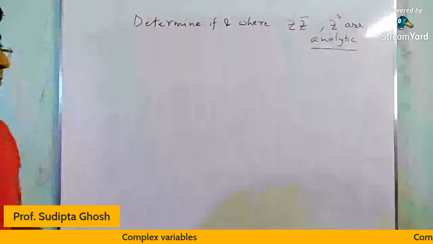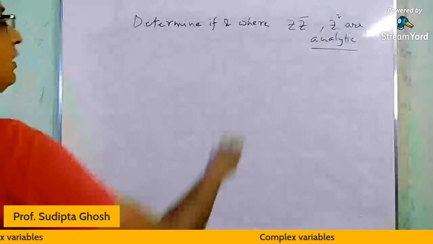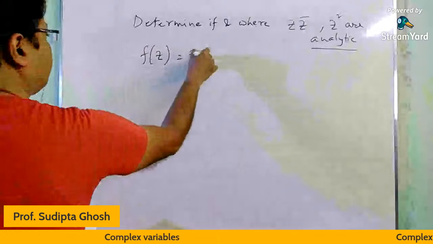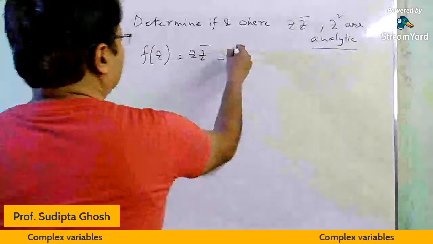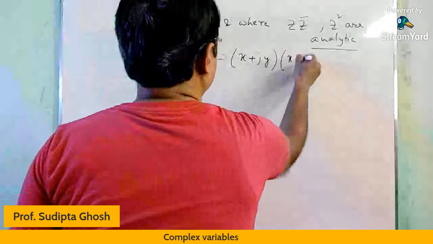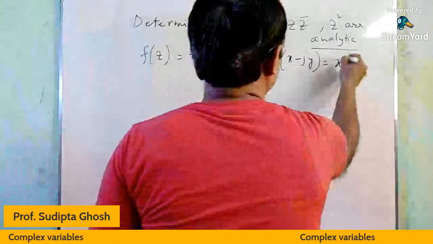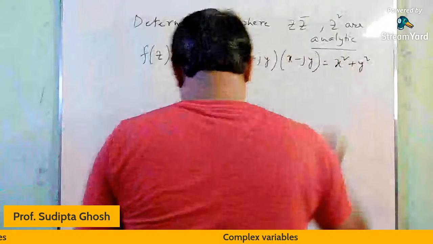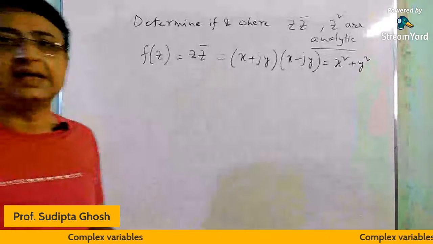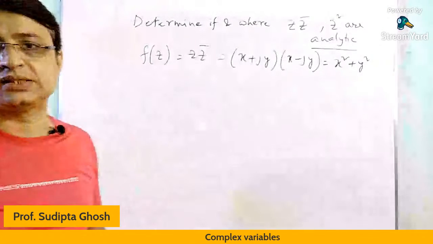Okay, so let's solve this problem. First of all, let the function be f of z equals z, z prime. Now, as we know that z means x plus jy and z prime means x minus jy, so it will be x square plus y square. Now, x square plus y square is a real function, because its imaginary part is 0.